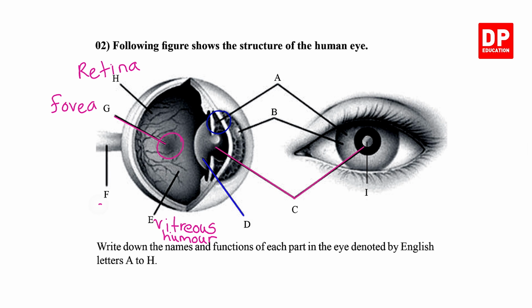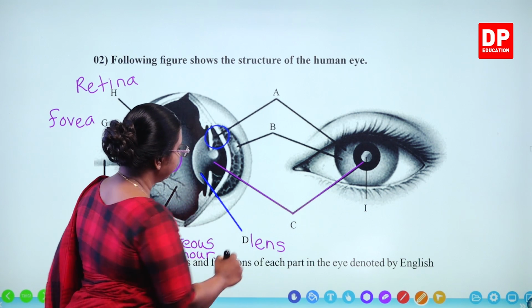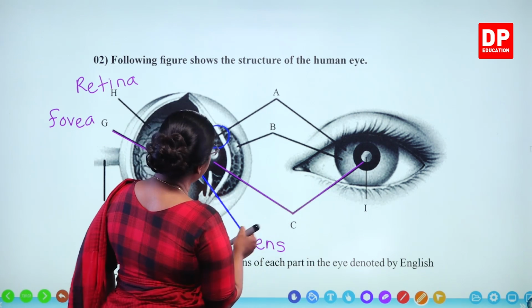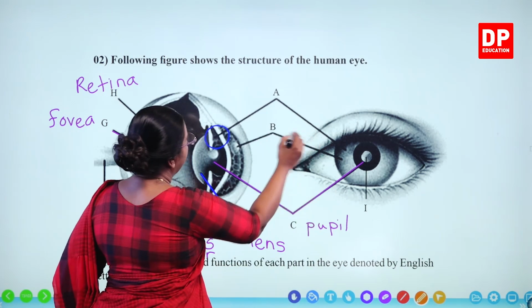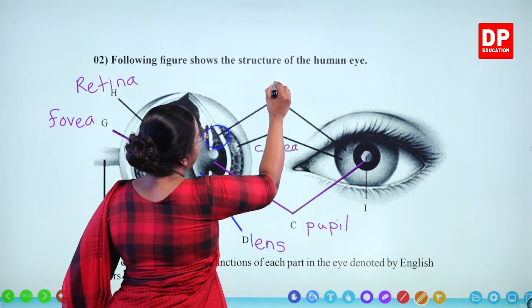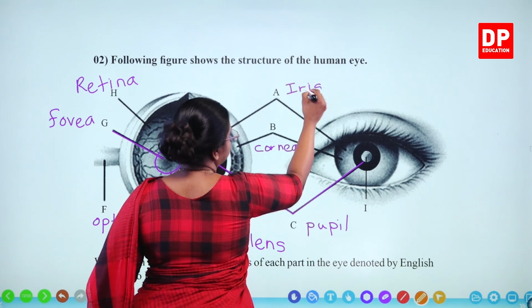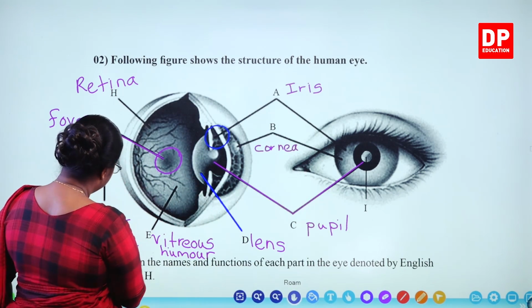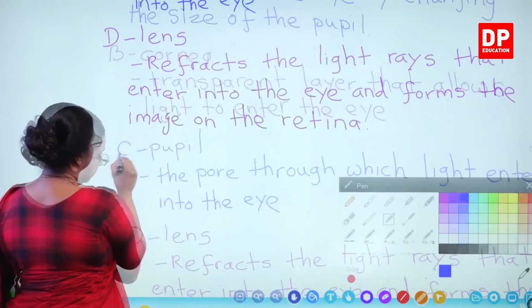And F is going to be the optic nerve. Since I am writing all these here, D we identified as lens, C as pupil, B is cornea and A is iris.